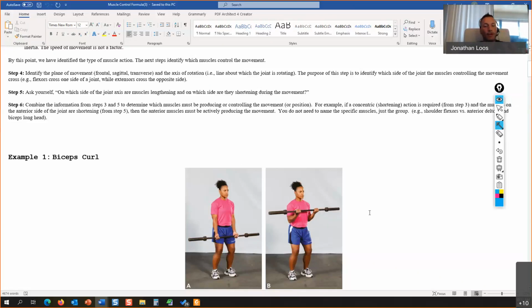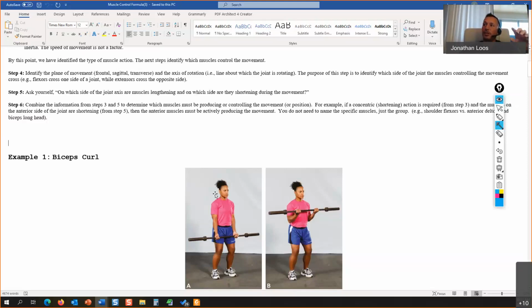As of right now, you don't need to know individual muscles. Just realize that muscles are named for their concentric function. That's how we learn from anatomy, and we still carry that over. In this case, this was a concentric activity. These were the elbow flexors working concentrically. Perfect. That's it.